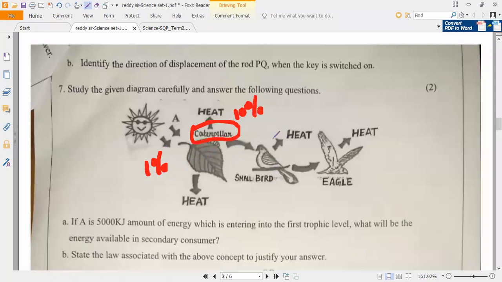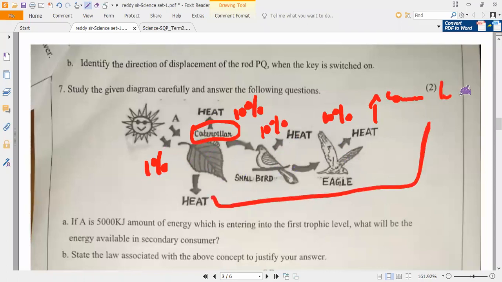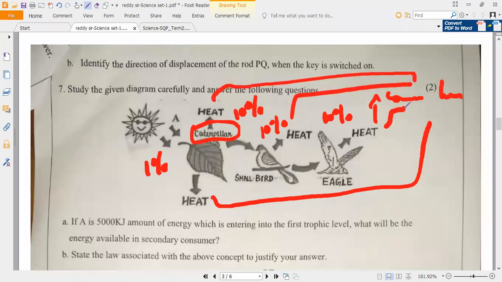If they are eaten by the small birds, then they will also get 10%. From that, the eagle will also get 10%. All this heat we used to call community heat. Is it yes or no? Every heat turns into community heat only. So all these heats combined, we can say it is community heat.